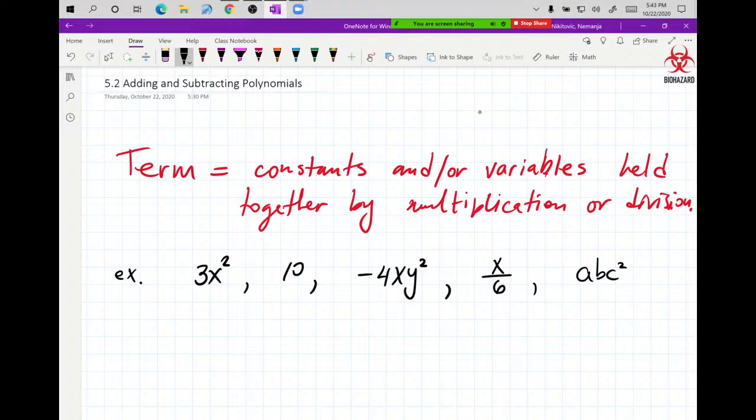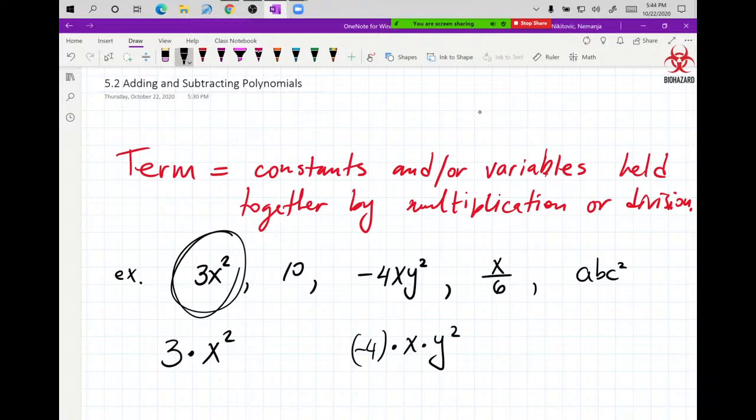So if you take a look at the first term that I wrote, it's 3 times x squared. Over here you have negative 4 times x times y squared. So those are all multiplications, and here is x divided by 6. That's a division symbol.